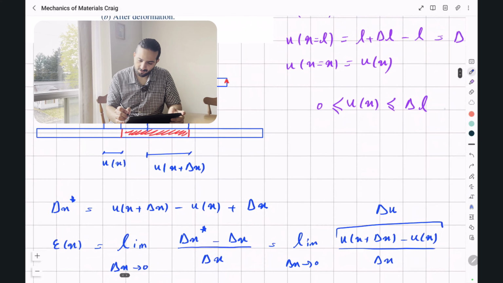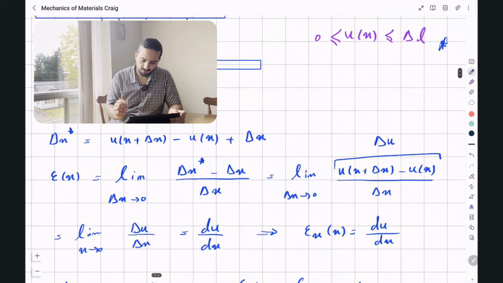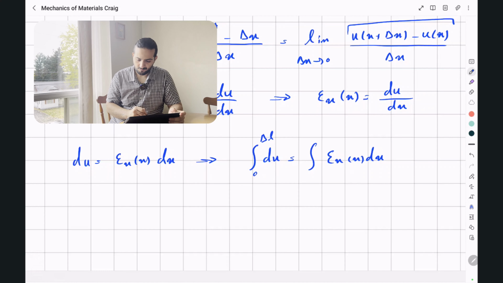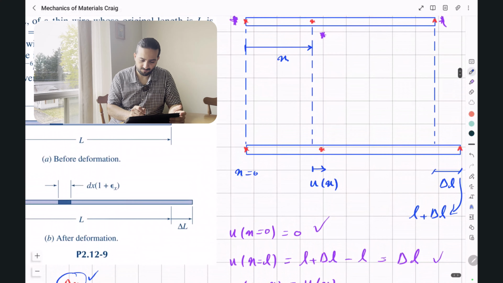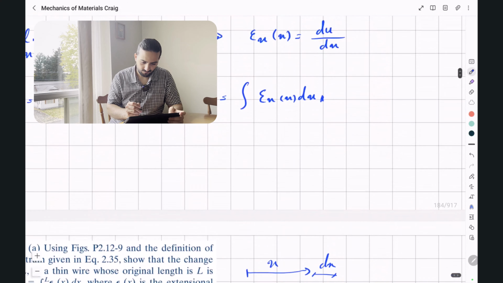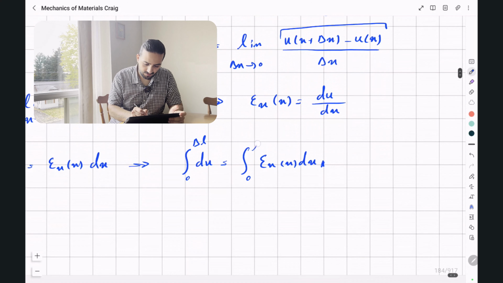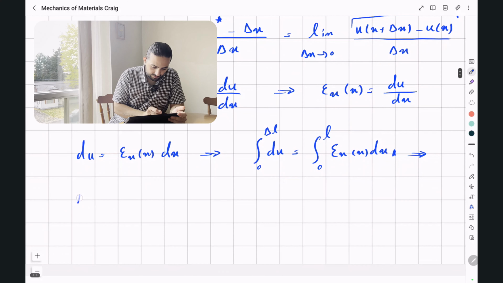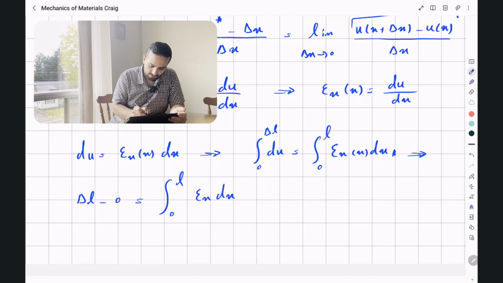And we know from here that our u changes from 0 to delta L, and we know our x changes from 0 to L. So we have delta L minus 0 is equal to our integral of 0 to L epsilon x dx.